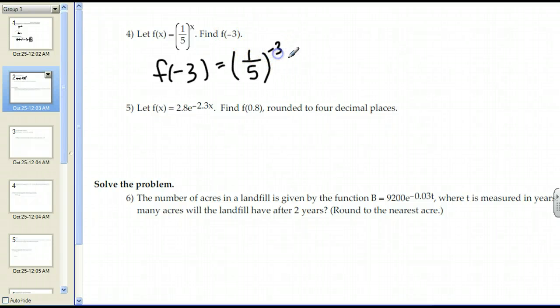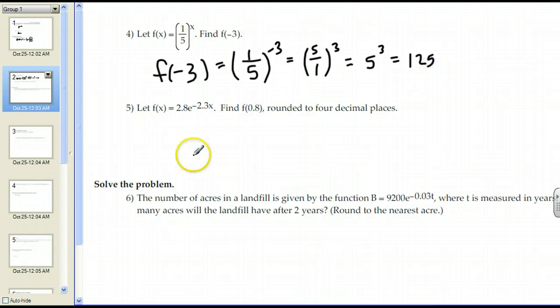So 1/5 to the negative 3. With powers of fractions to exponents, you can flip it over, 5 over 1, and that'll make it a positive exponent. So 5 over 1 is just 5, so this is just 5 cubed. And 5 cubed is 125.